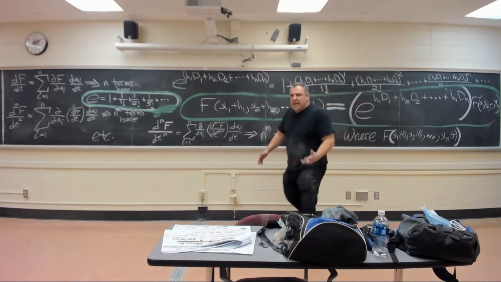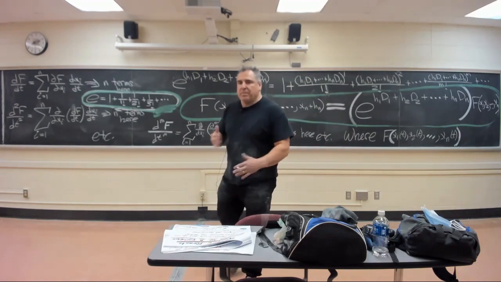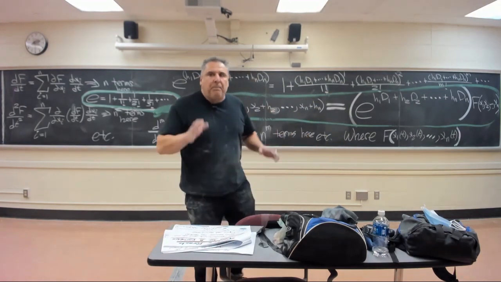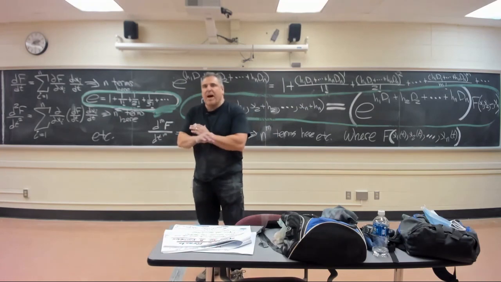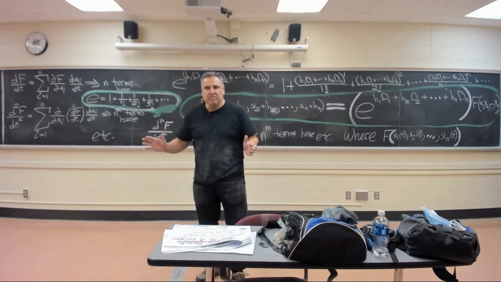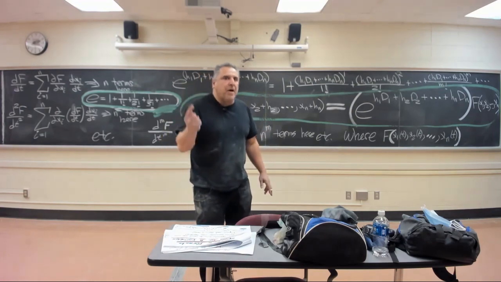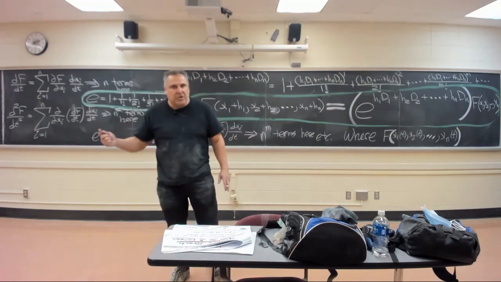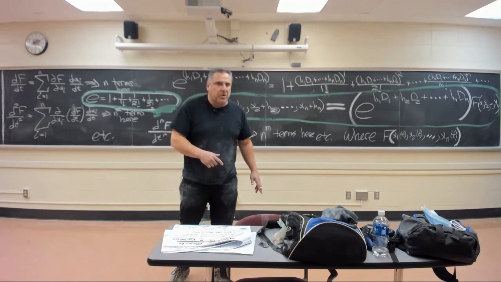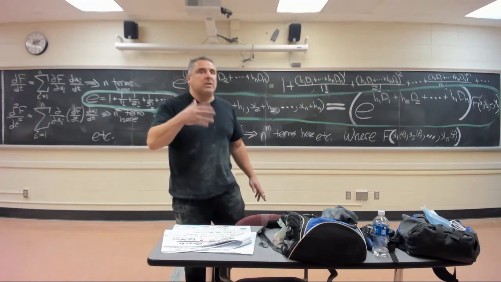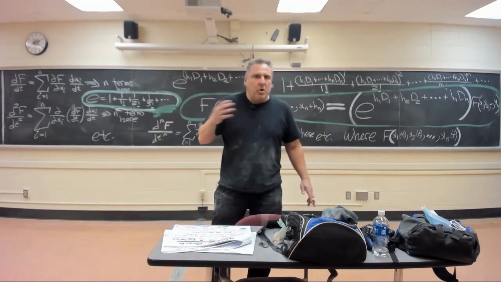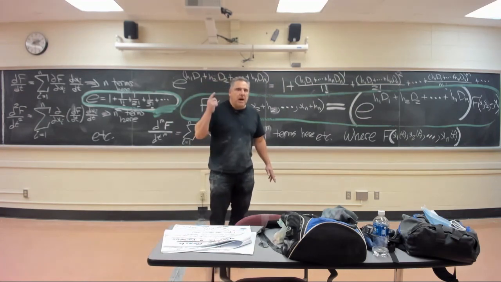And I show how you can actually derive all this by first of all parameterizing all the variables. You parameterize all the variables as a function of t. Each one of those variables is a function of t, so the whole multivariable function becomes a function of t.